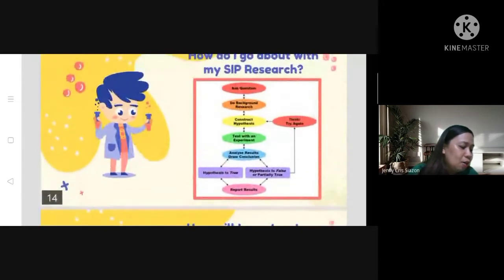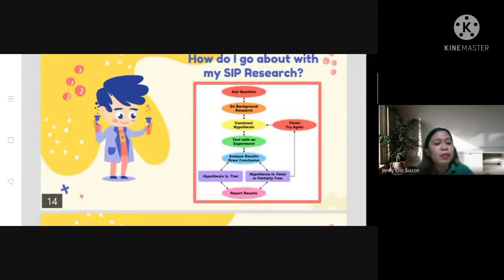So when you arrive at the experimental stage, you have to gather the data that you need. And in order for you to gather the data, you have to translate it into graph or table.